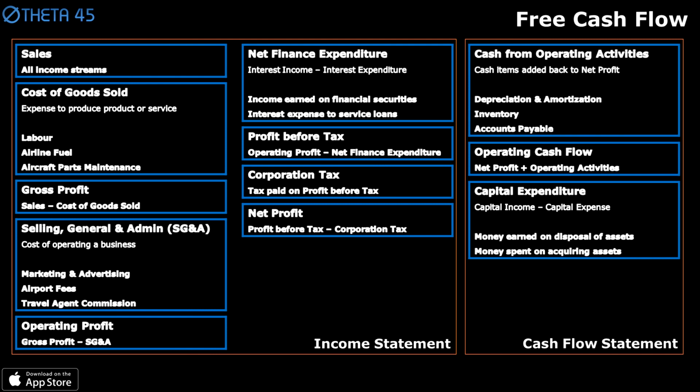Finally, for a company to grow and adapt to the challenges of the future, money needs to be invested in assets. Money can also be earned with the disposal of assets. The actual free cash flow is calculated by deducting the net capital expenditure from the operating cash flow.